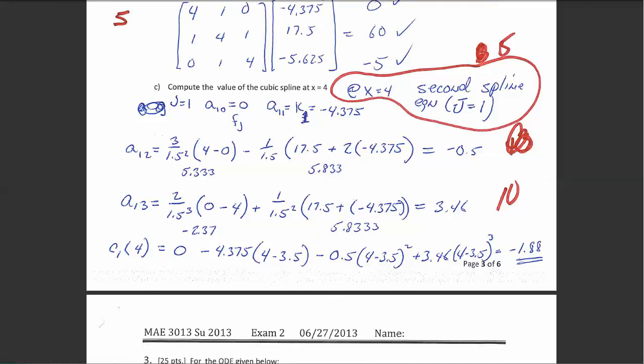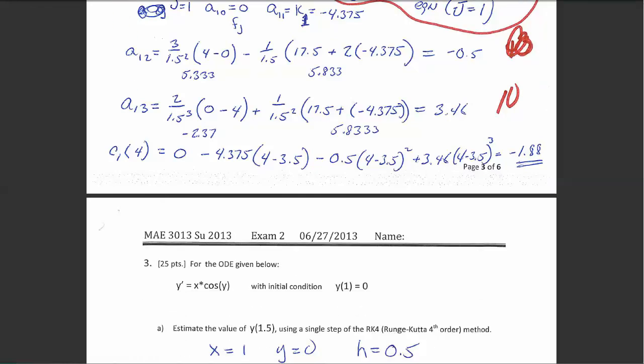I take those coefficients and I put them here, times a constant term, a linear term, a quadratic term, and a cubic term. All of these would be 4 minus the left value of x, 3.5, to the first, second, third power, gives a value of minus 1.88.